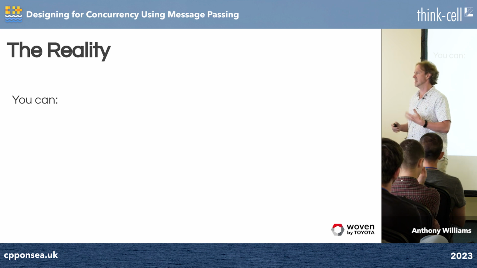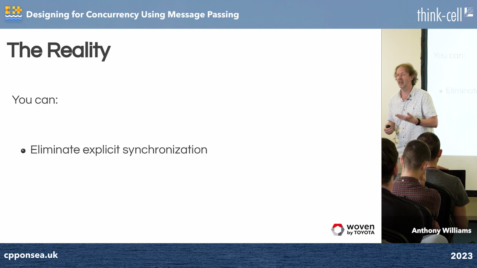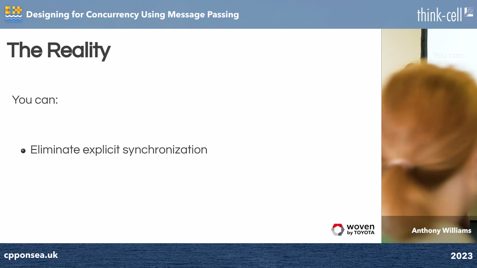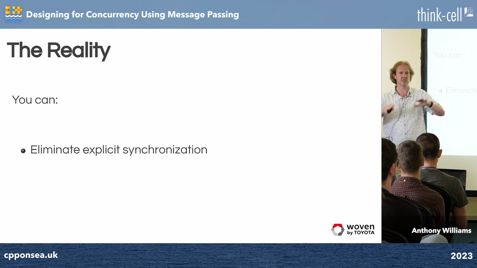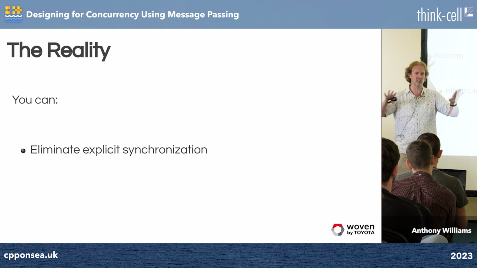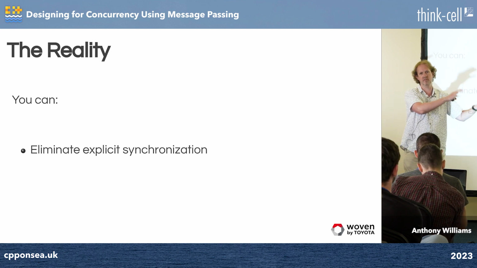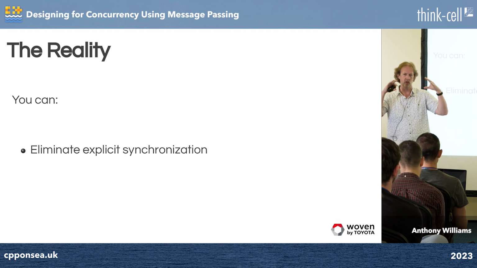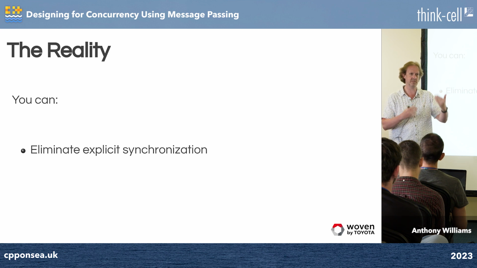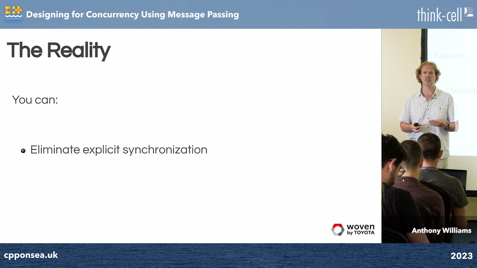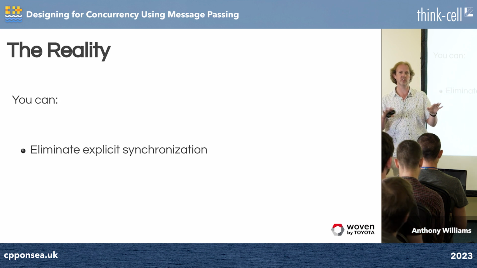In reality, you can get rid of explicit synchronization in your code, because if you're passing messages between places, then you can put all the synchronization in the message passing framework. And so the code that you're writing that's sending messages doesn't have to worry. You don't have to put any explicit mutex locks in your code, or any use of other synchronization like atomics.